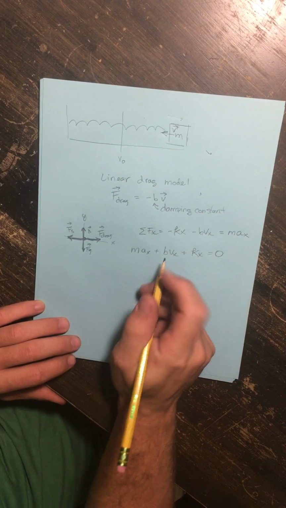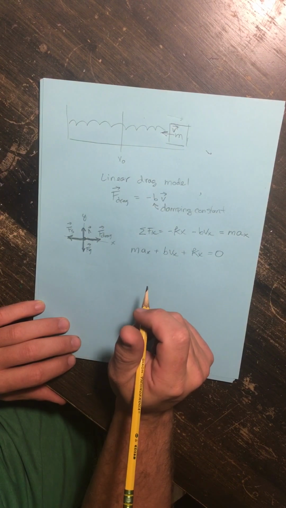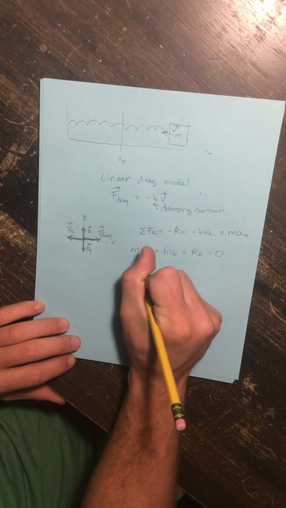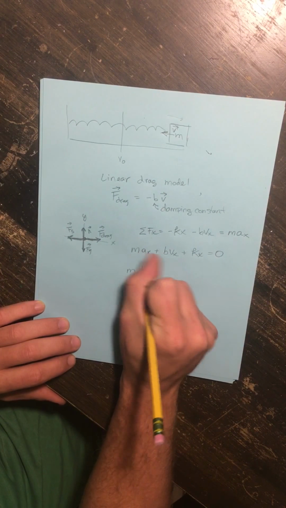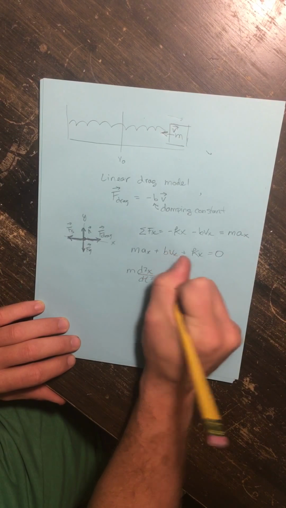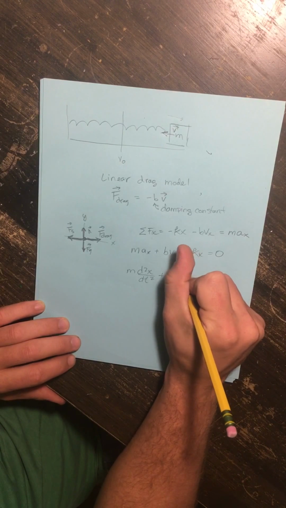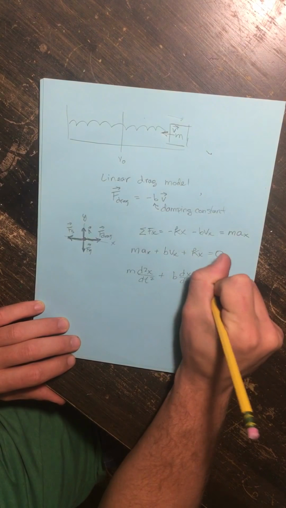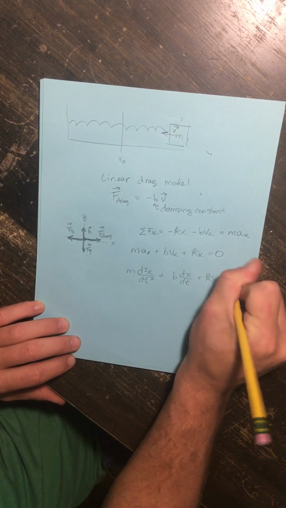Now we want to rewrite the acceleration and velocity as derivatives, and so we end up with the mass times the second derivative with respect to time of the position, plus b times the first derivative with respect to time of the position, plus k times x is equal to 0.